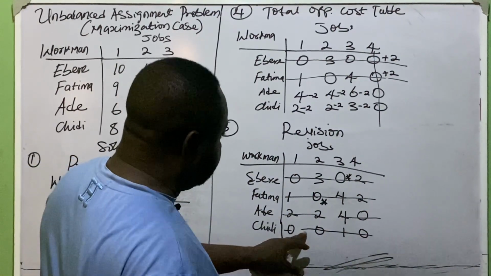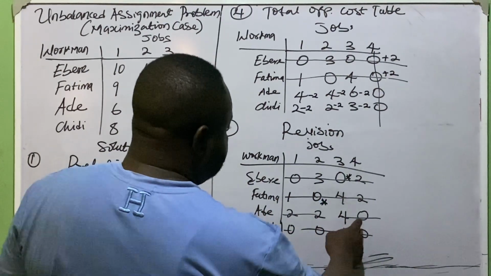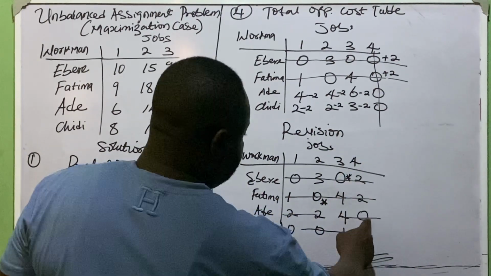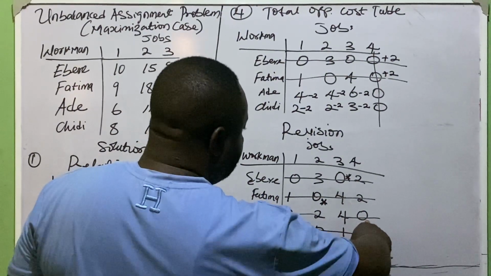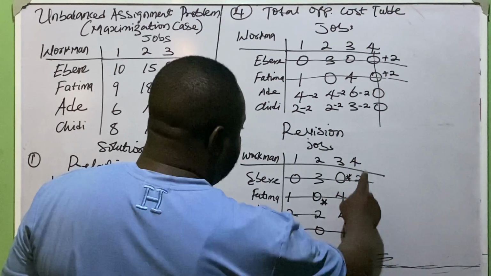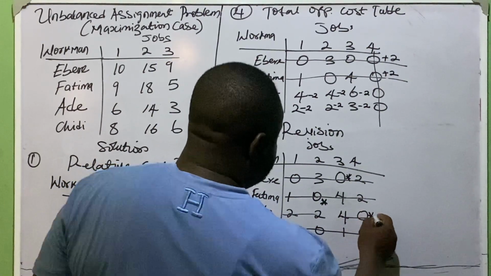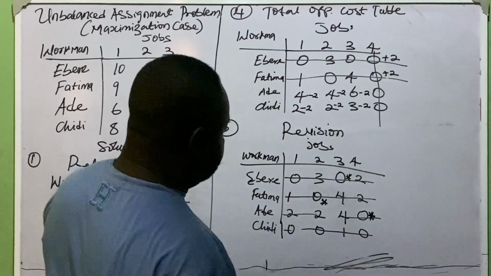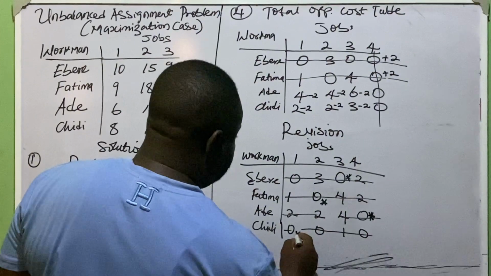So this one can take. And also this one at this point is alone. Yes, we should start from here. Ade is alone in row, but in column it has 2. So Ade should take here. And of course, at this point, the only one left is Chidi, which also should take here.